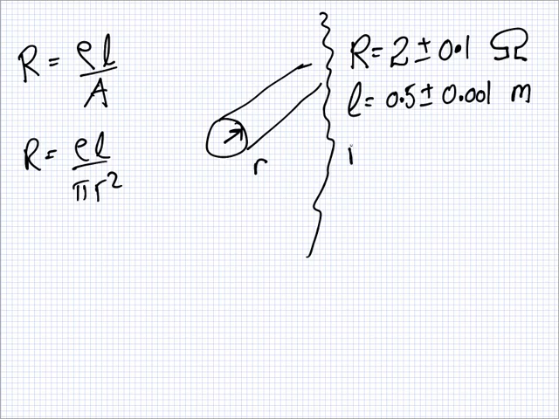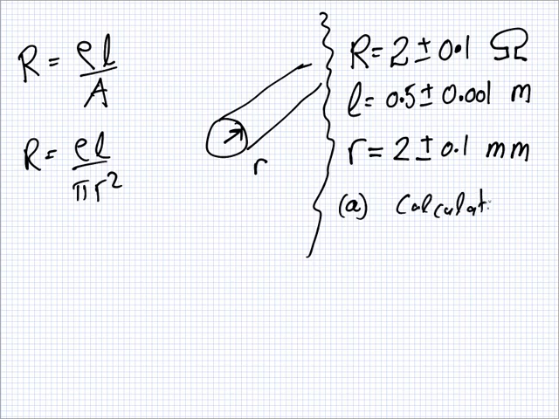And let's say the radius is 2 plus or minus 0.1 millimeters. So the first question, A, is calculate the resistivity, and then B is estimate the uncertainty in your calculation. Okay, try this one for me.